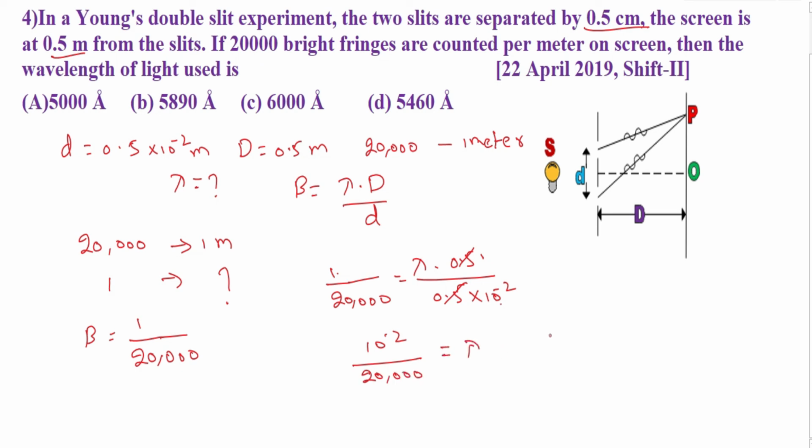Let me write in another way: lambda is equal to 1 by 2 into 10 power minus 6, that is equal to 0.5 into 10 power minus 6. If we solve this, we get 5,000 into 10 power minus 10 meters, that is equal to 5,000 angstroms, which is option A in our question.